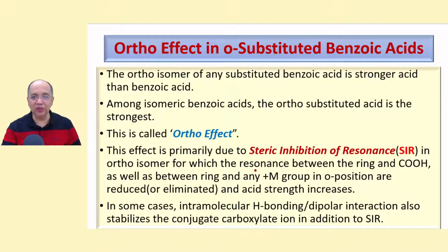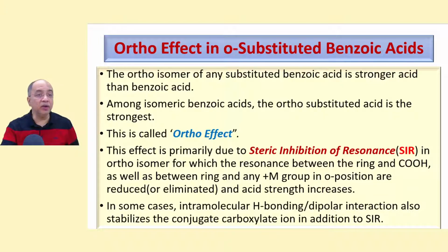In the ortho isomer, there is resonance between the ring and the carboxylic acid or carboxylate ion, as well as between the ring and the ortho plus M group. Supposing there is a plus M group ready for conjugation. If there is no plus M group and it is a minus I group, it's okay.